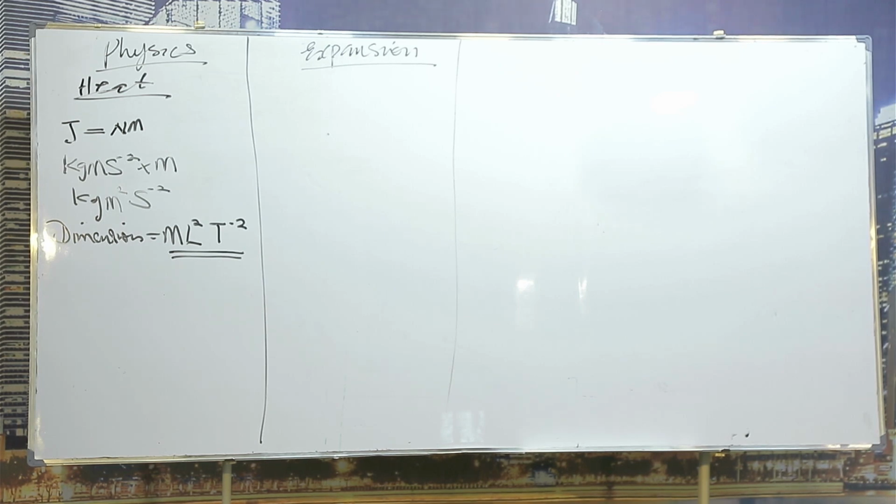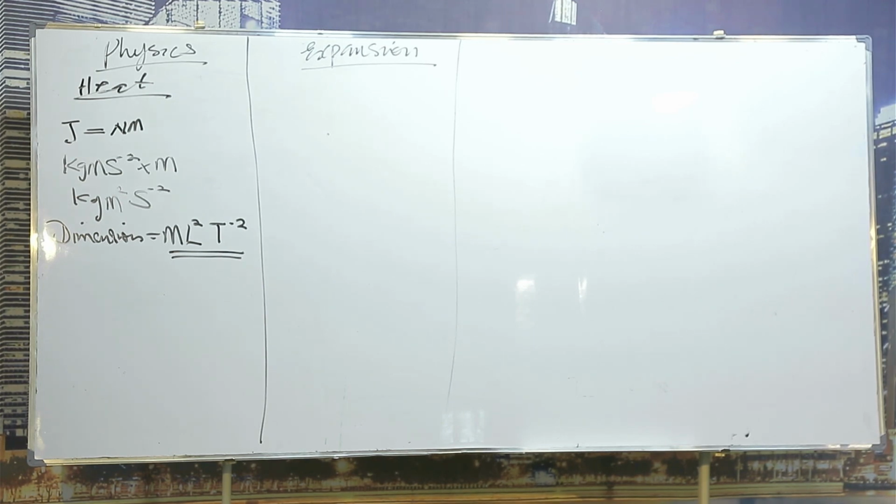Linear expansivity is the increase in length per unit length per degree rise in temperature.